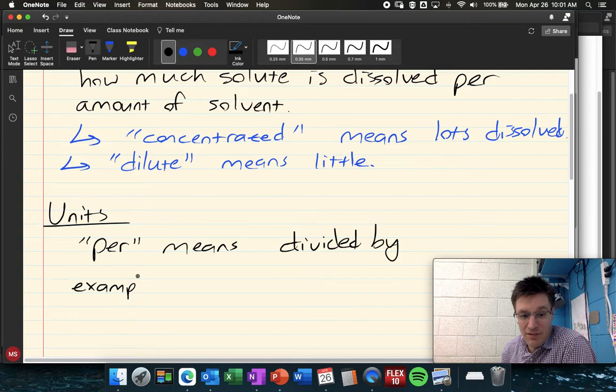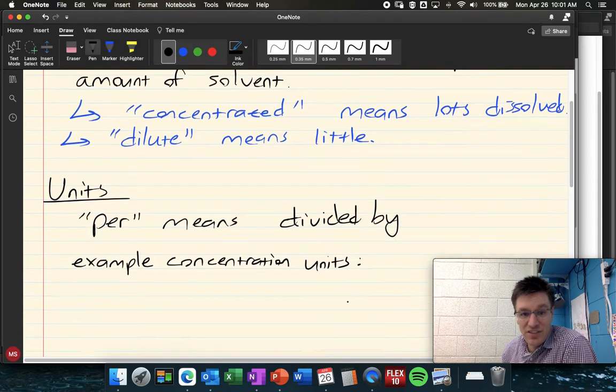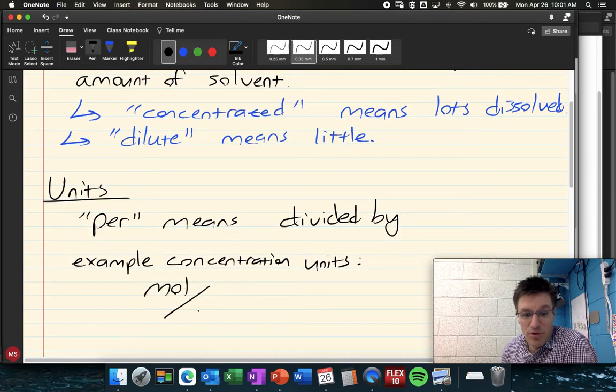Example, concentration units. Probably the most common one you're going to see is moles per liter. And you see I just drew a line there. That's the per. We're dividing by liters.